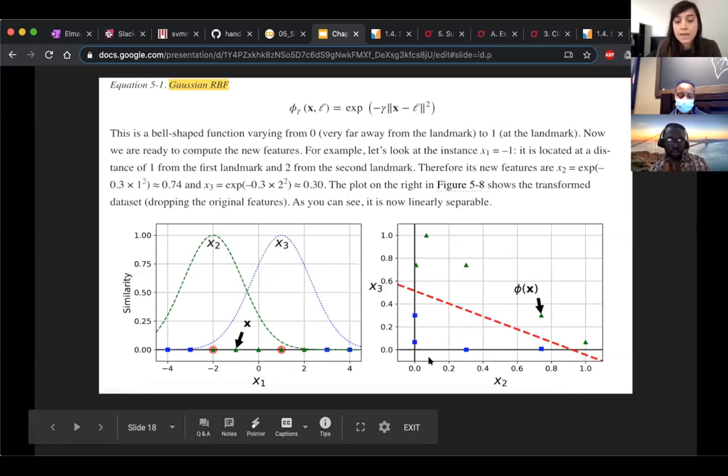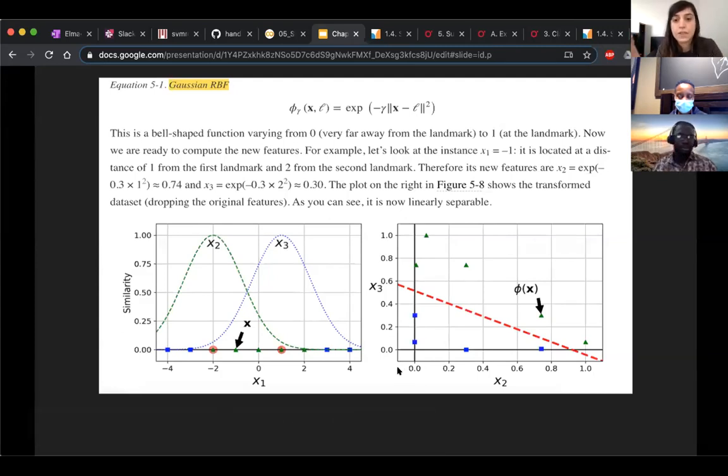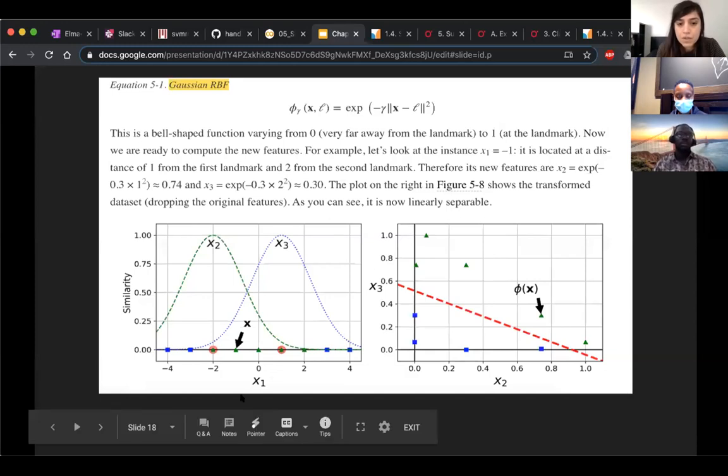But on this one, similarity feature extraction, we just discard the X1, and then we map it into a new dimension with two different features. And then we're hoping that by doing this, we will be able to separate them linearly. And that's what happened in this case.